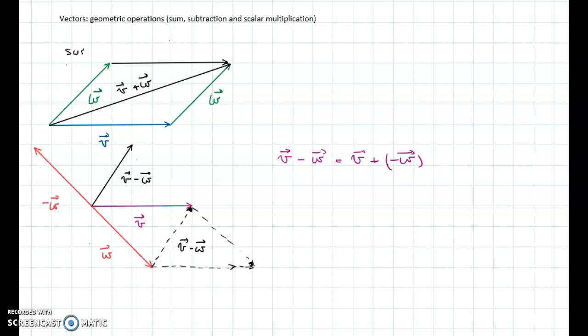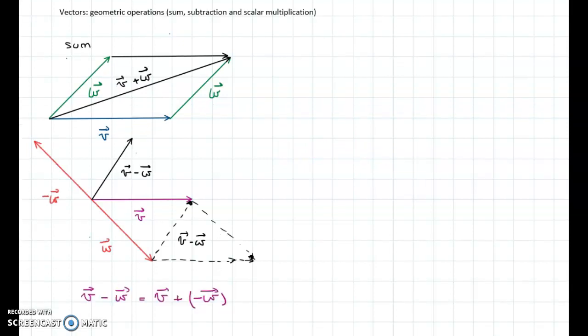So we talked about the sum, and also about the subtraction. And the last thing I want to mention is the multiplication by a scalar. Let's say we begin with a vector a.